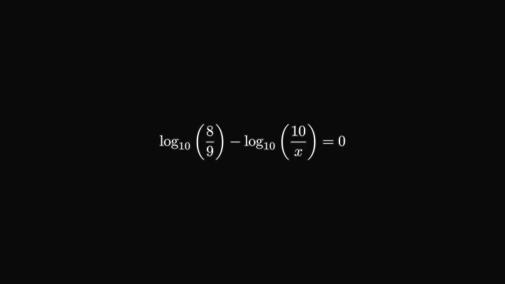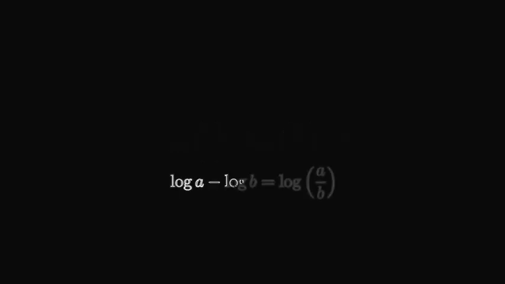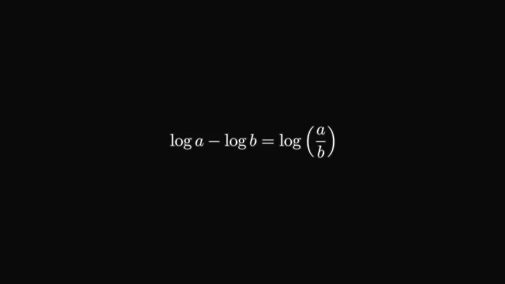Move the right logarithm to the left so we can use the zero form method. Use the quotient law to combine the two logs.